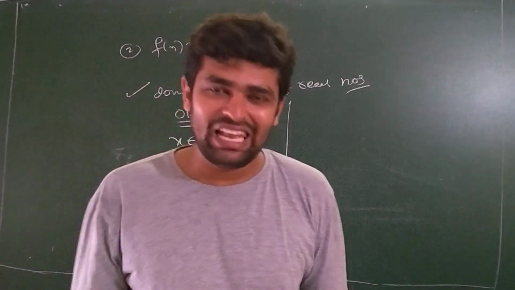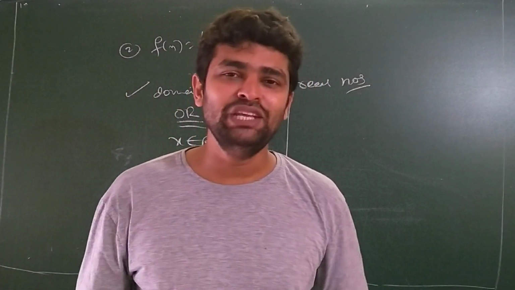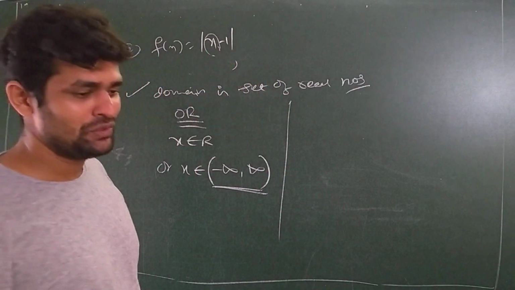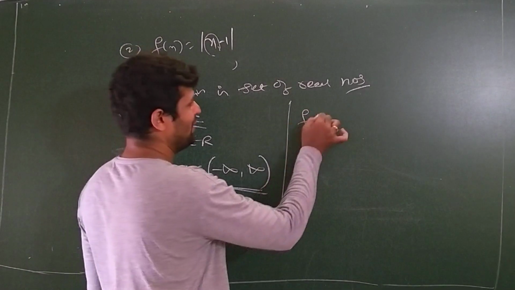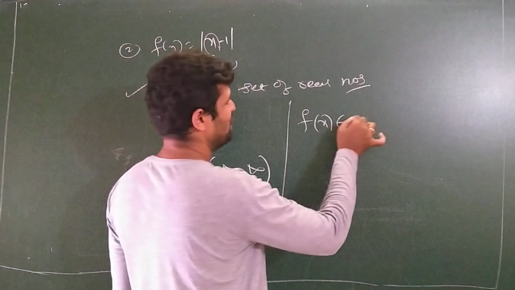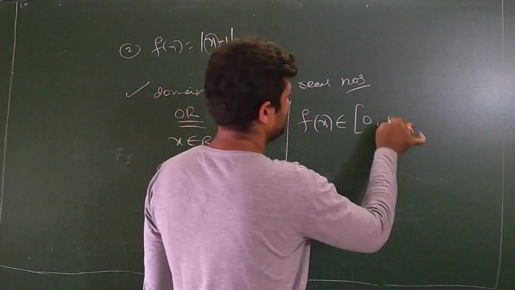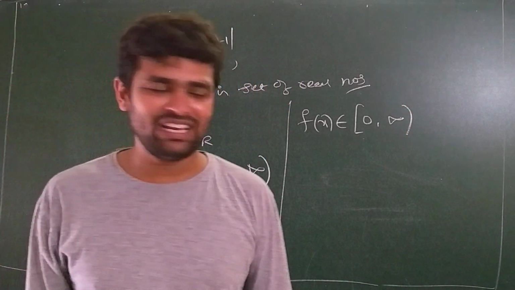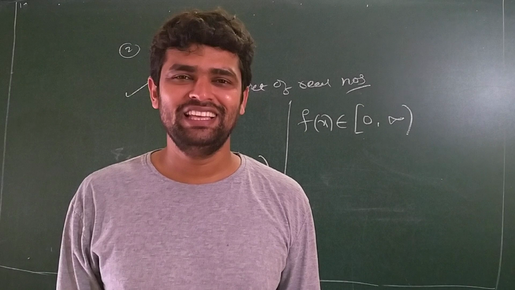From the real line, from the real numbers, any value you can choose and replace here, we will get the values. Very nice. f of x belongs to 0 to infinity, including 0. Is it possible to get a negative number here? No way. Is it okay?